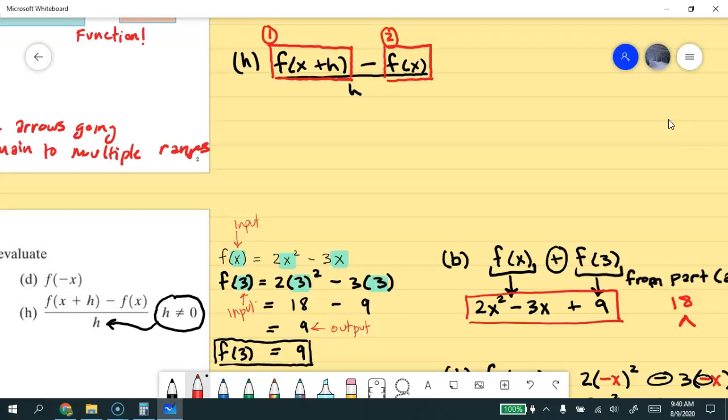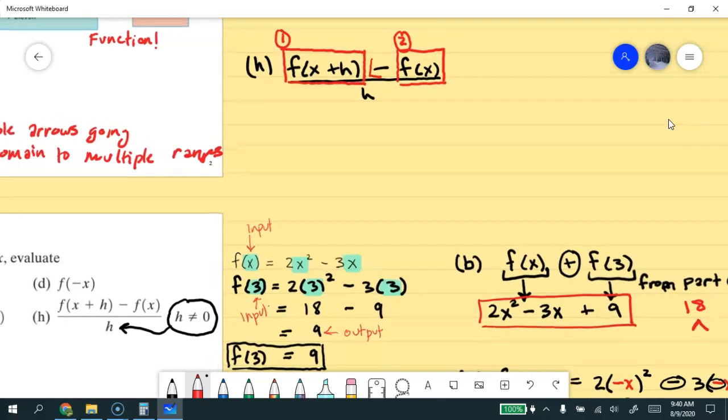But there is more. The third thing is you subtract the result you got in the second step from the first step. You follow? And finally, the last thing that we do, I've run out of space here, is we are going to be dividing that whole result, that's the fourth step, by h.